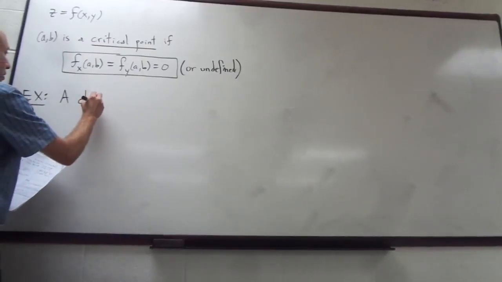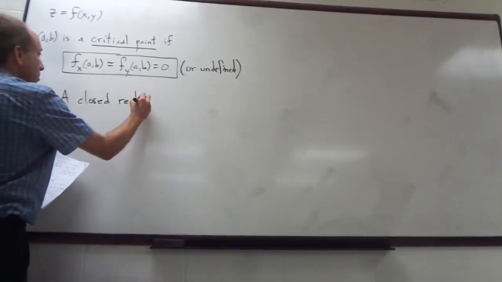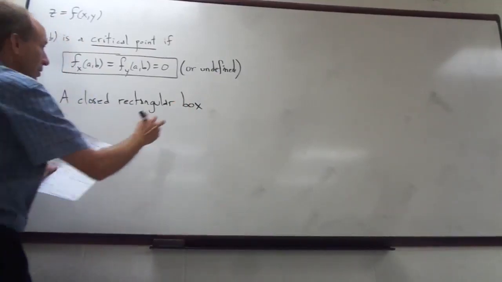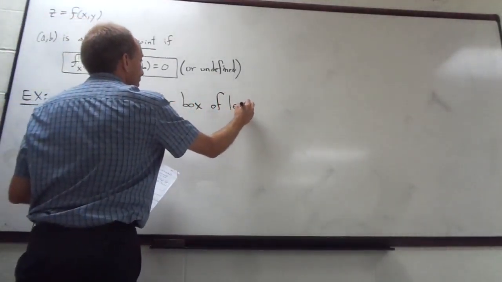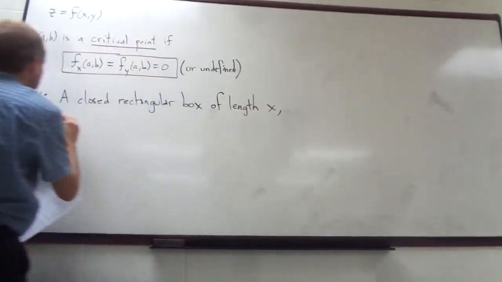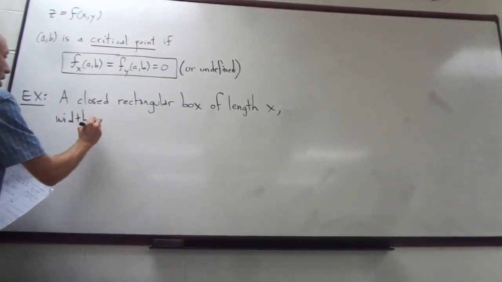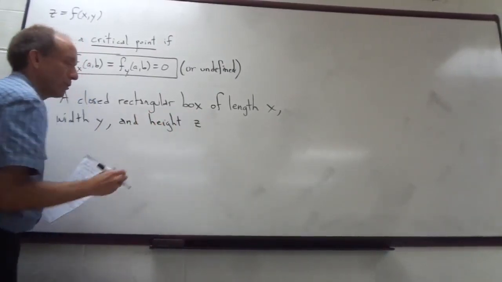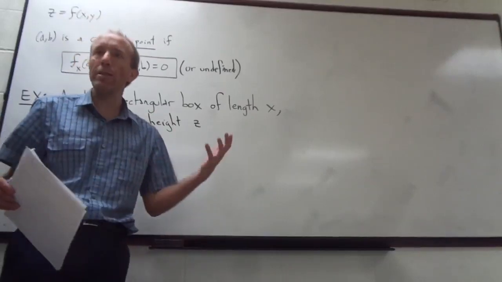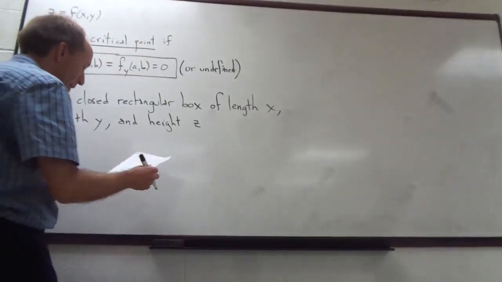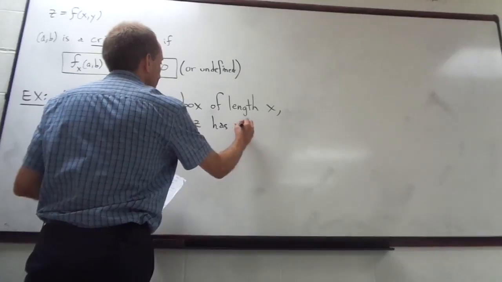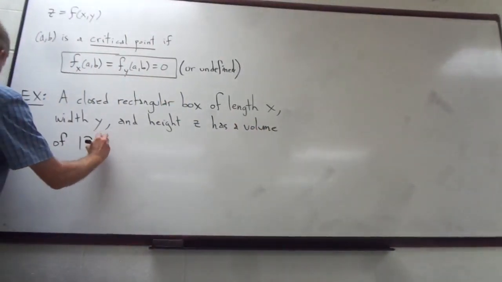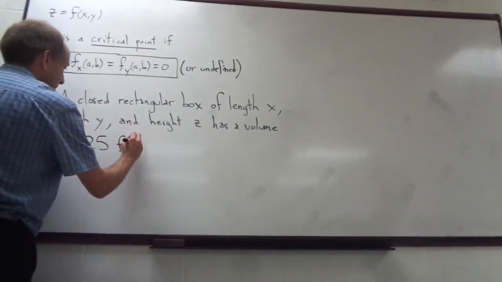A closed rectangular box of length x, width y, and height z has a volume of 125 cubic feet.